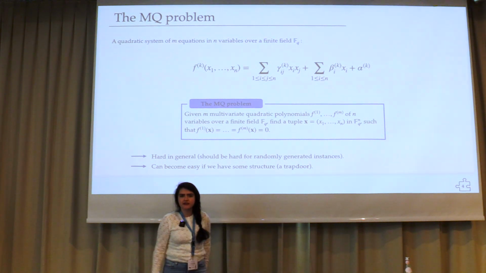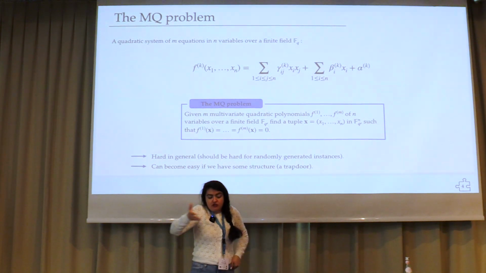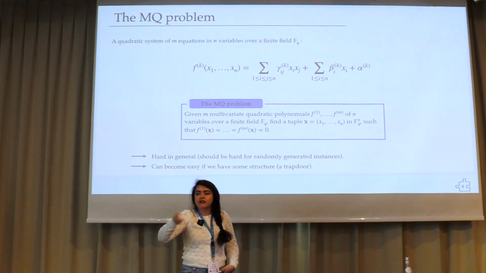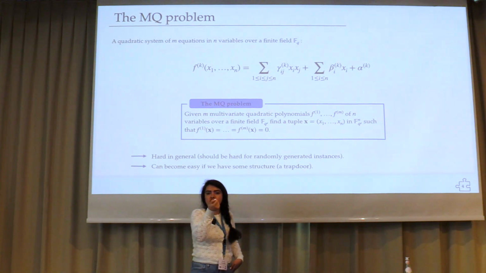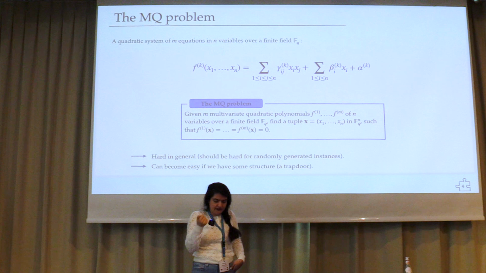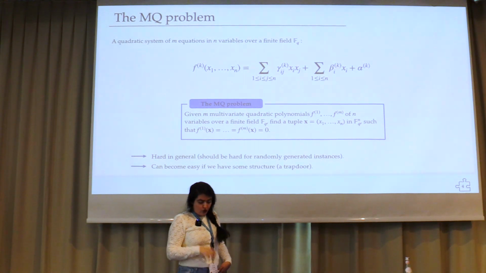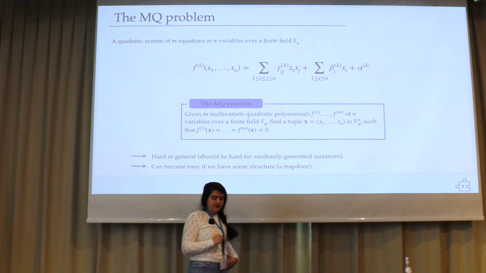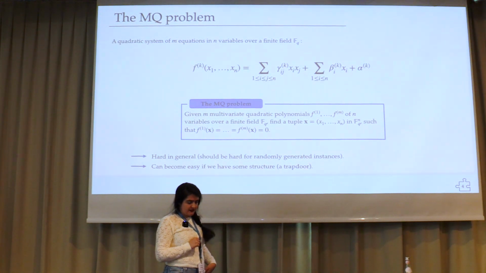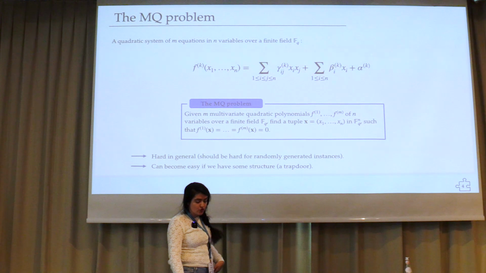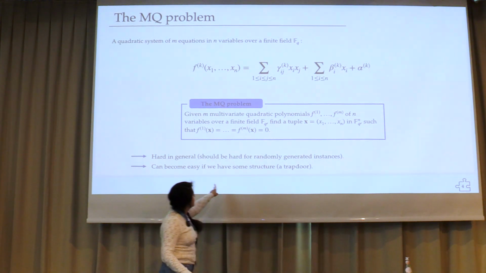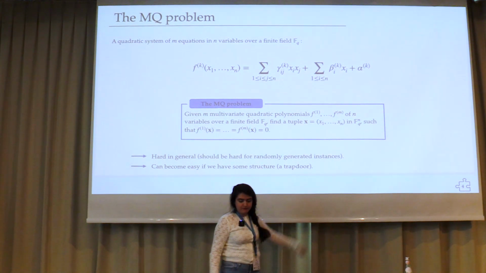You will see a very good example here. Imagine if you only have, let's say, 2 monomials occurring, then you can just linearize them, treat them as variables, and solve linearly. There are many different ways that you can make a structure that makes the polynomial system easy to solve. And this is what we call a trapdoor, okay?